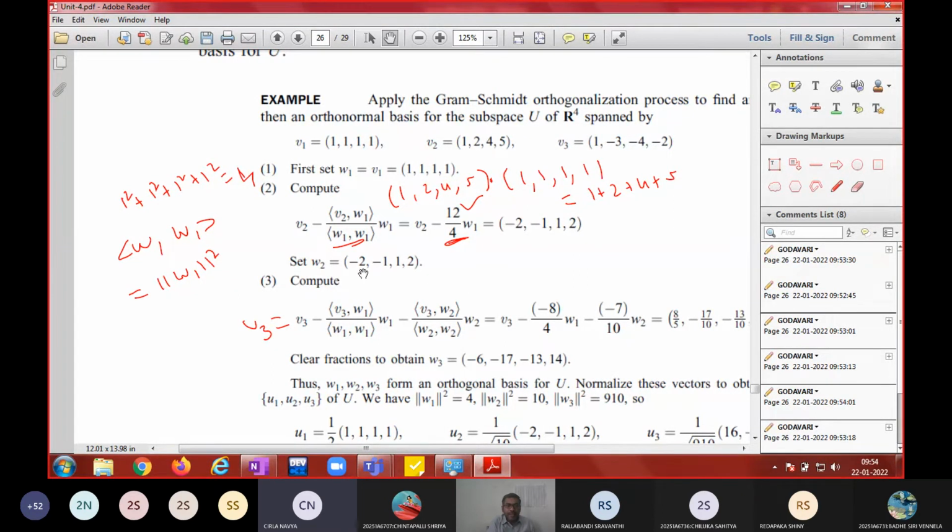What is W2? W2 is here. Find the dot product of these two vectors and divide by the square of the magnitude of W2.